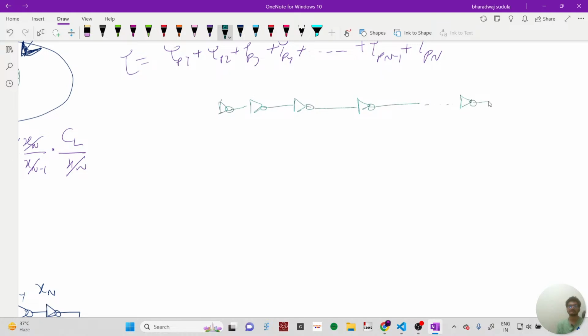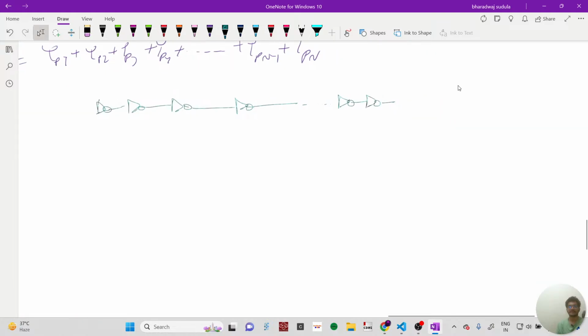There is some jth gate. This is the load. This is the nth gate, n minus 1, and this is the jth gate, j plus 1. This is j minus 1. This is 1, 2, 3, 4.